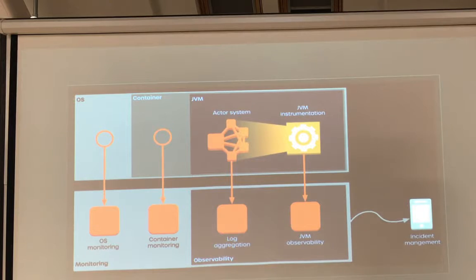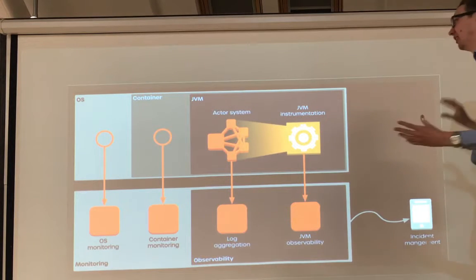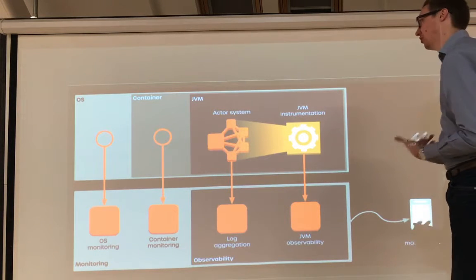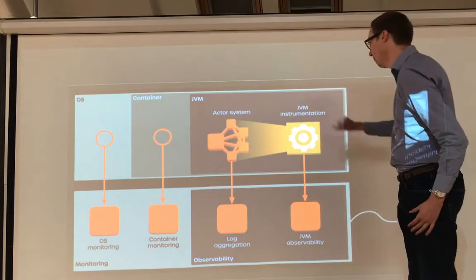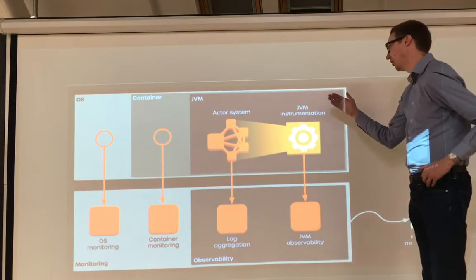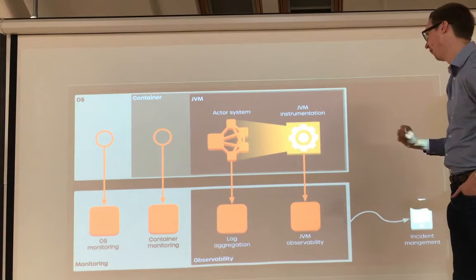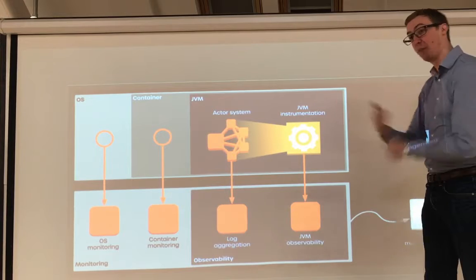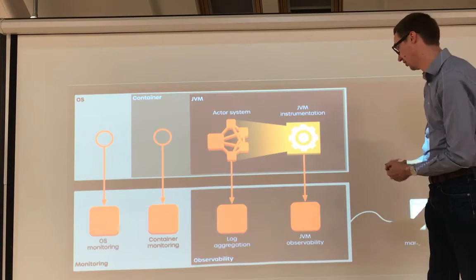Basically the idea is that we will have layers of observation and monitoring. So we have a JVM, and that's where our code lives. Inside there is an actor system, so we can build instrumentation into that. And that allows us to observe how many actors are in the system, how many messages are being processed by those actors, and so forth.